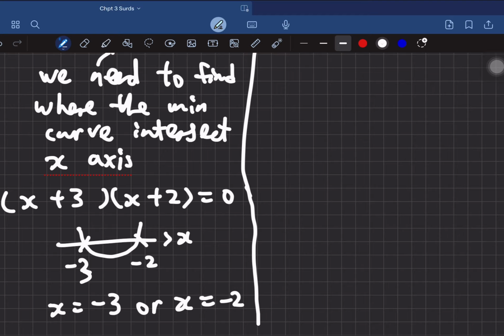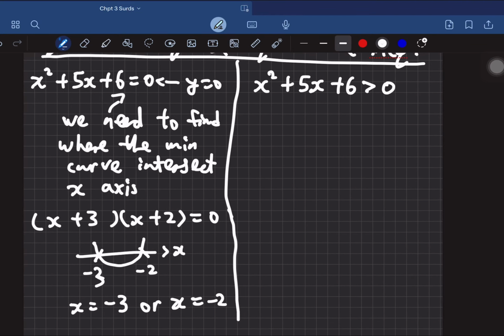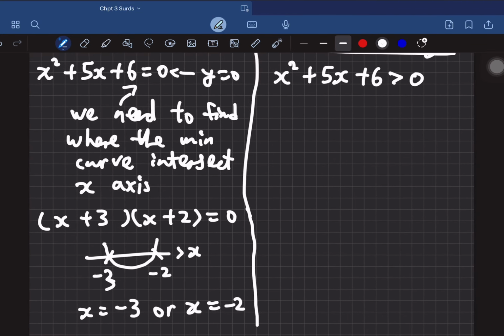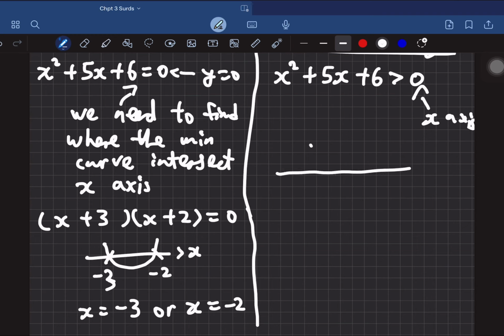That's for the quadratic equation. But when it comes to solving quadratic inequality, this is still the x-axis, which means that for this curve and this x-axis, they are asking us which region of the curve is more than 0. This more than 0 is actually y value more than 0.